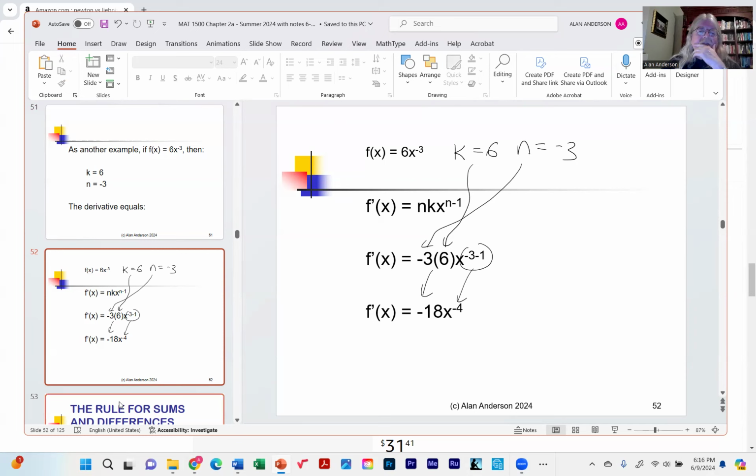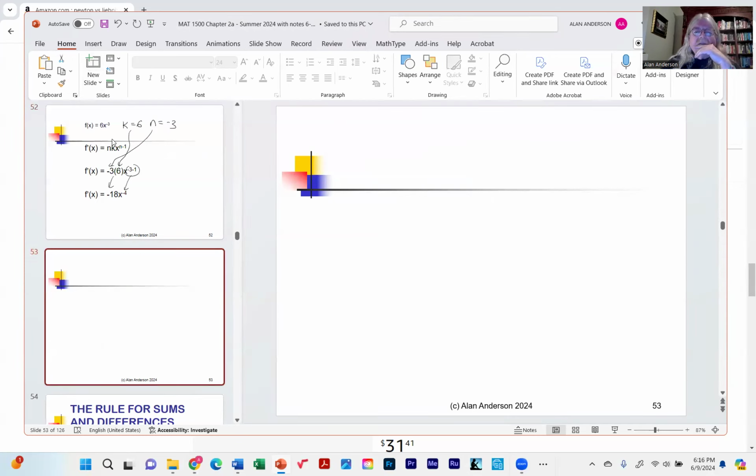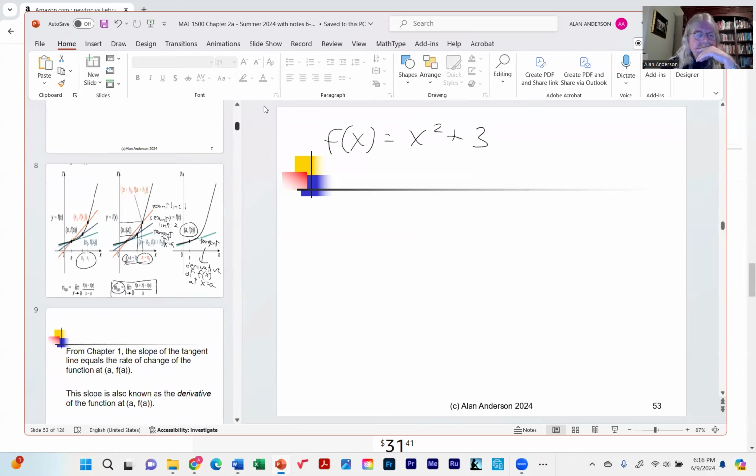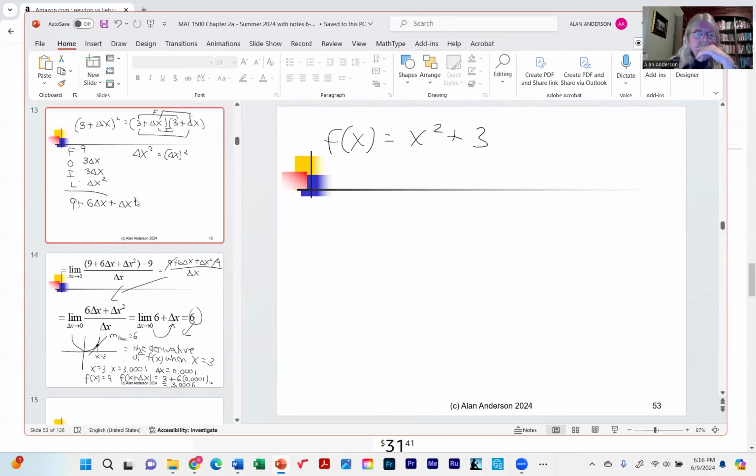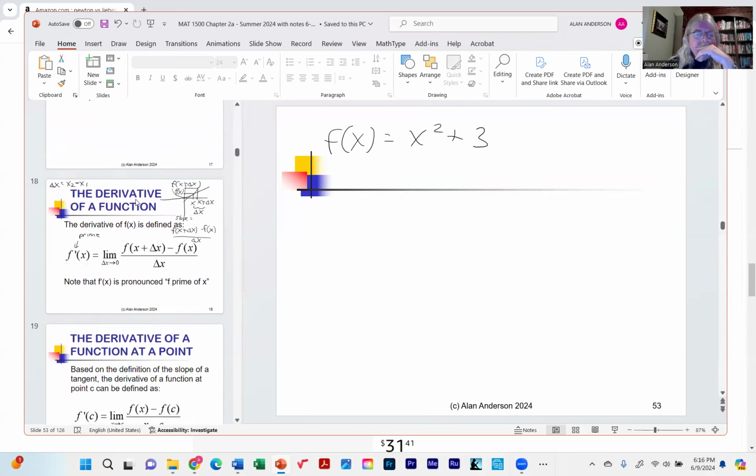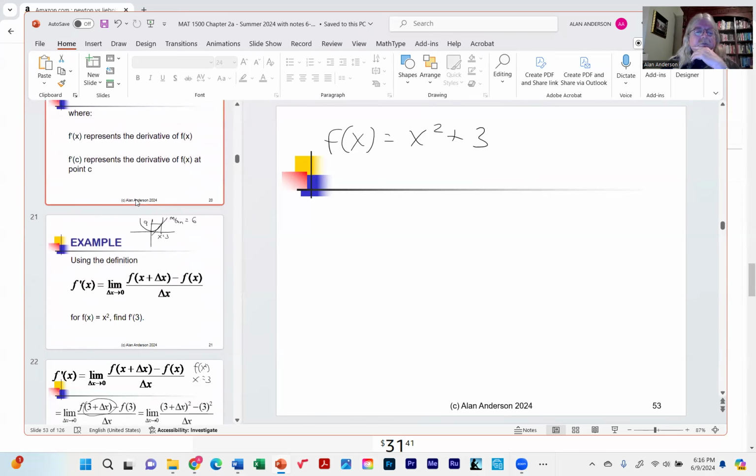Now, let's do something interesting. Earlier, we claimed that when we had the function x squared, we went through the steps to prove, using the limits that is, that the derivative was 2x.